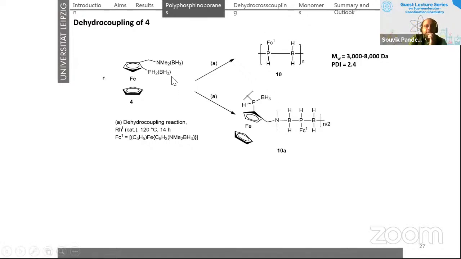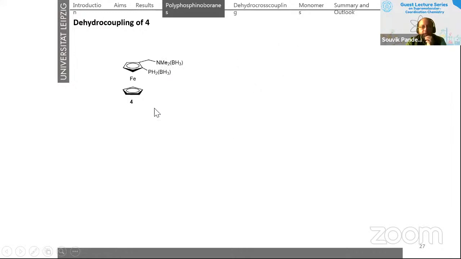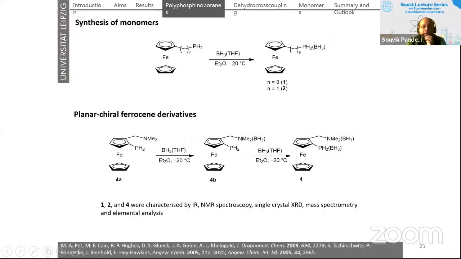So here we have NMe2 BH3 and PH2 BH3. Just to say one thing here, when I have this NMe2 and PH2, if I want to give BH3, phosphorus and nitrogen both have a lone pair of electrons to donate.